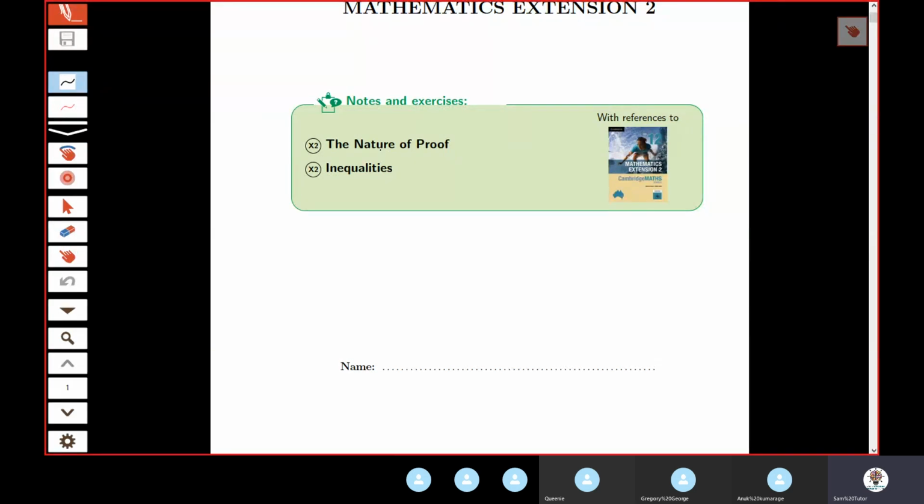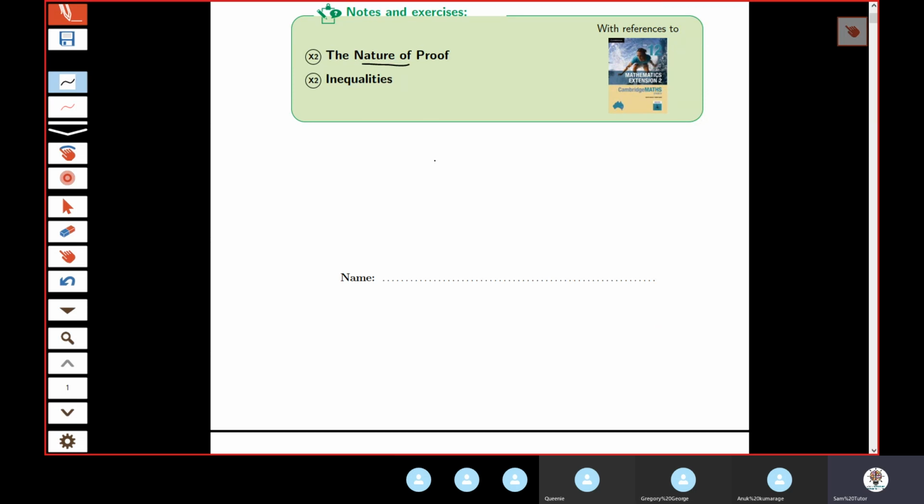The nature of proof is very... so like in university math, there are two components. There's one component that's called pure mathematics, and then there's another component that's called applied mathematics. Pure mathematics is this whole concept of the nature of proof. It is very annoying. There's a lot of interesting and new terminology, new symbols that you've got to get your head around.